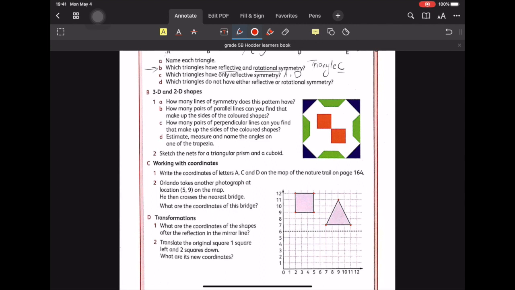About parallel lines, we could say these two are parallel. 1, 2, 3, 4, 5, 6, 7, and 8. So we have 8 pairs of parallel lines.